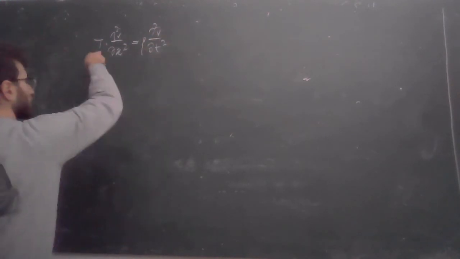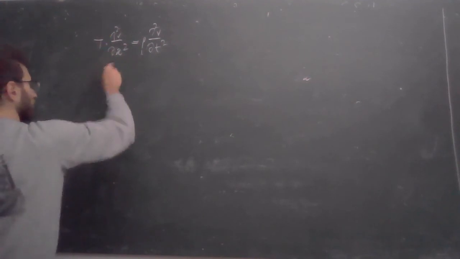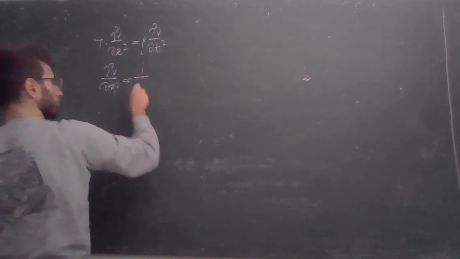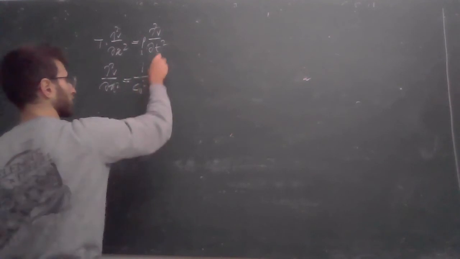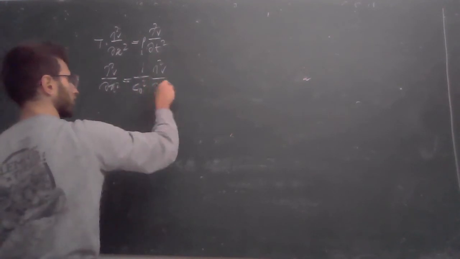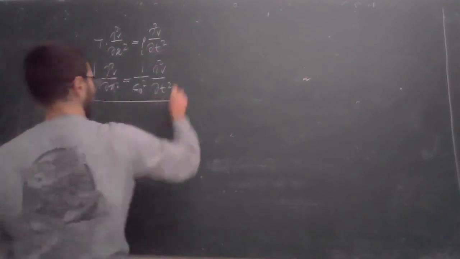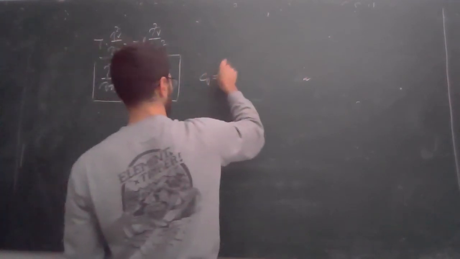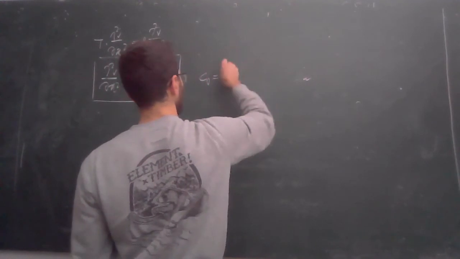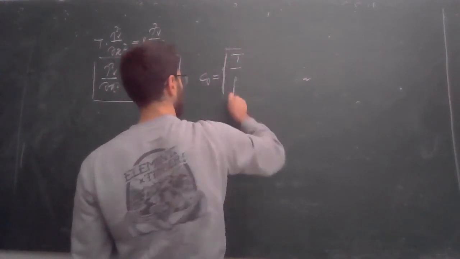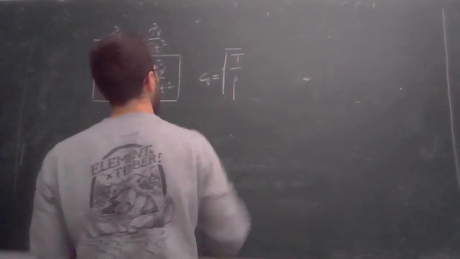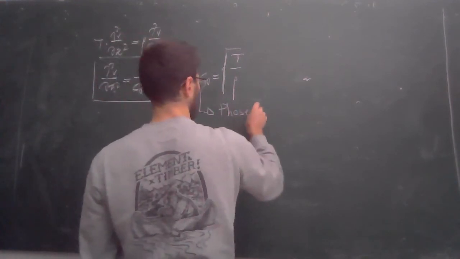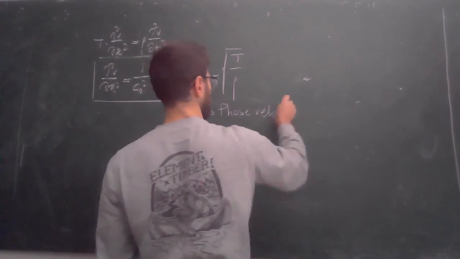Dividing by T, we have the equation where C0 is the ratio T over rho, and it's called phase velocity.